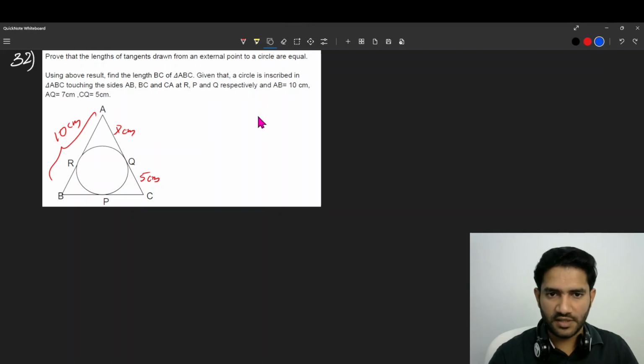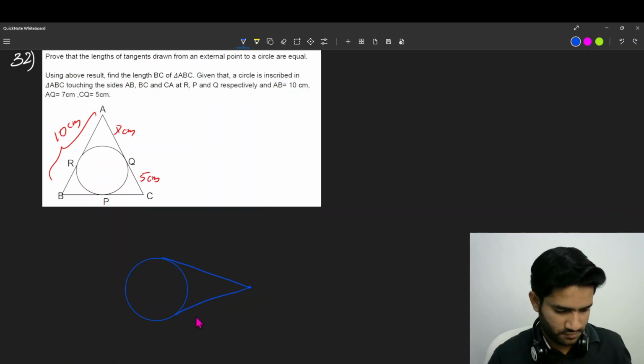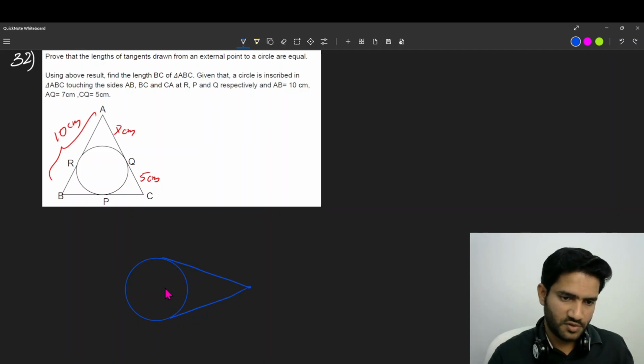So first of all, consider a circle, and an external point P. Draw two tangents, AP and BP. These are the two tangents.